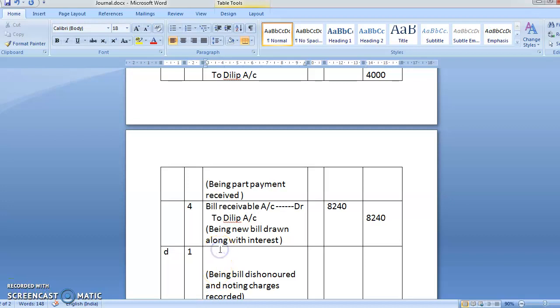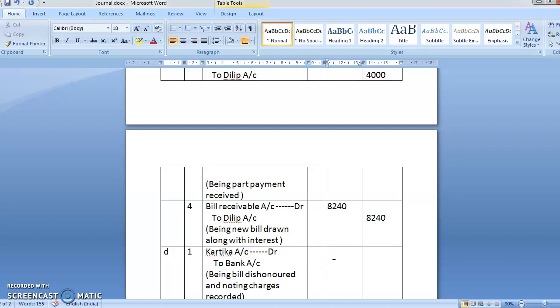So your entry will be Karthik account debit. Yes, what we have done with the bill: the bill is in the bank, so to bank account. And I have already told you, noting charges will be recovered from the drawee who is Karthik.